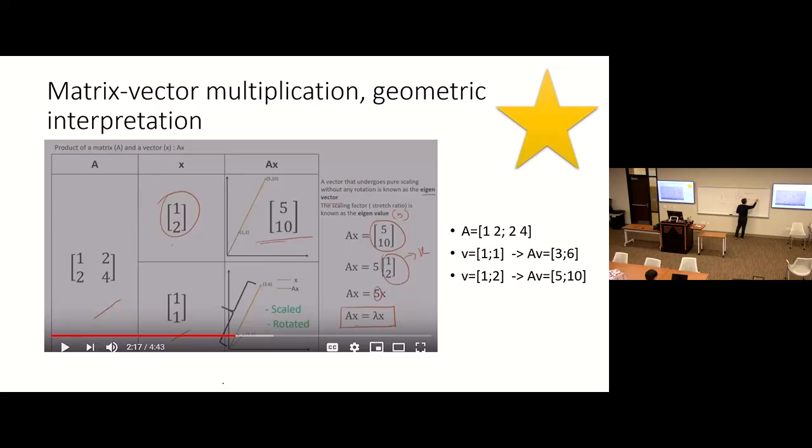So all this is with respect to a system of the vector. We have lambda. Basically, people put a lambda here. Okay.